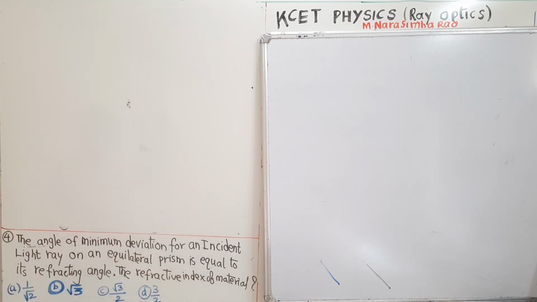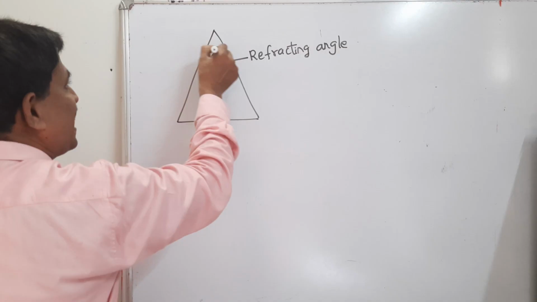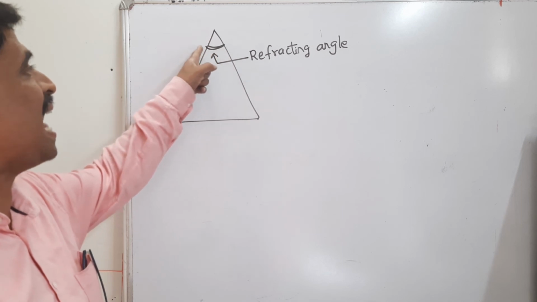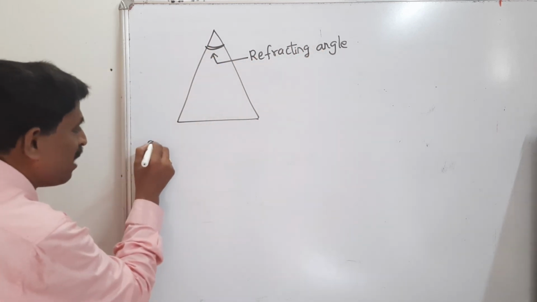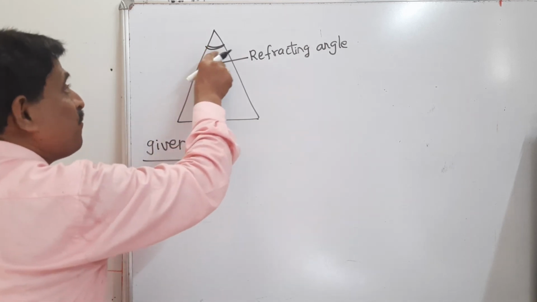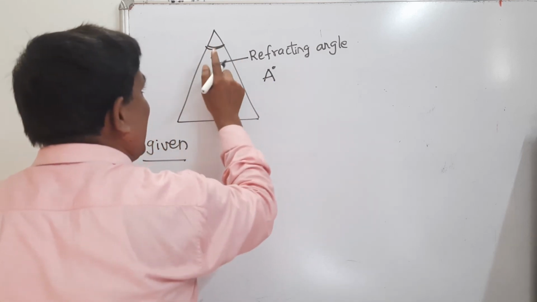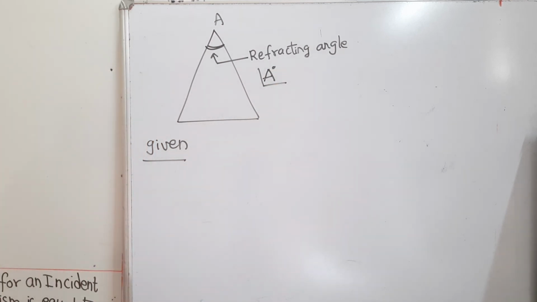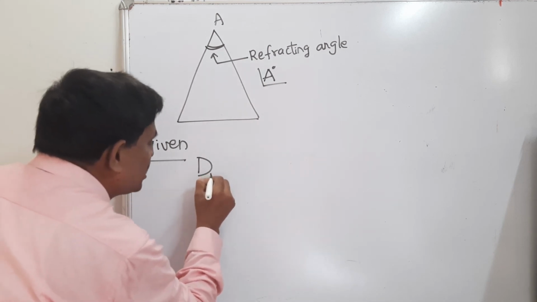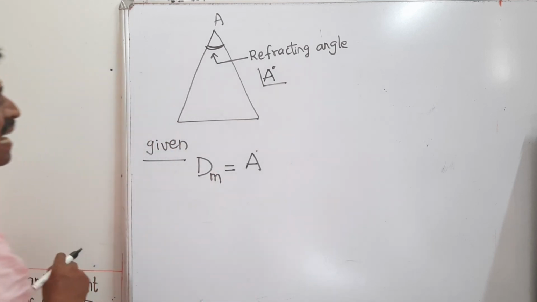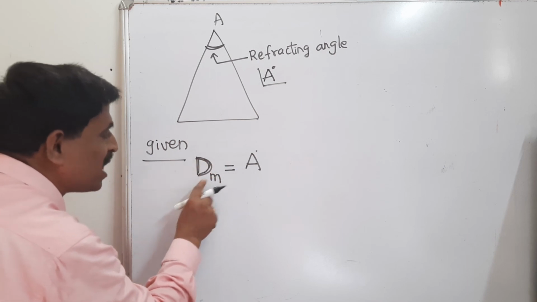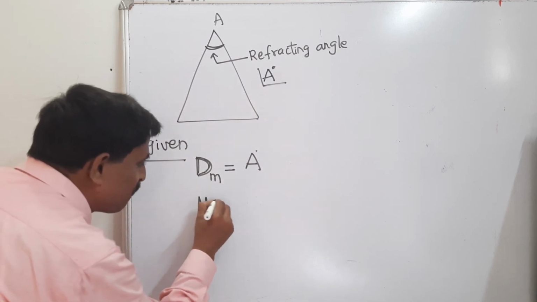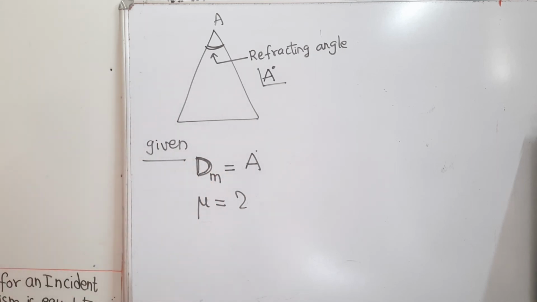The angle between the two refracting surfaces of the prism, hence we call it the refracting angle, is represented by angle A. They have given one condition: the angle of minimum deviation is equal to the refracting angle A. They are asking what is the refractive index of the material of the prism.